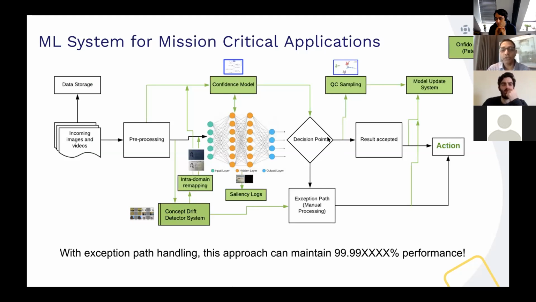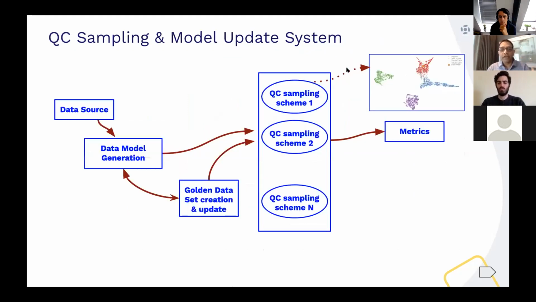Finally, you do need to understand the true performance of your system. What a lot of people do is, let's say they have 100,000 instances of something. They sample that in some random fashion and they believe that they have a true performance of the system. But the truth is, you have to build fairly smart sampling schemes before you send it to your quality control, which you must sample intelligently and through different sampling schemes in order to get a true performance measure of your system.